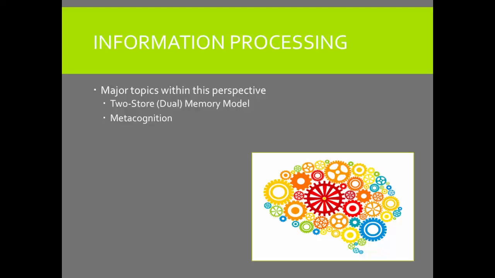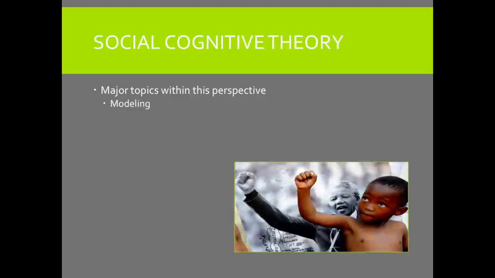Now this perspective is really focused on an individual and how we take in information and then process or work on that information in order to have an output or to act in our environment or do something in the world. So as I said, this is what we'll be focusing on this week in week 4.